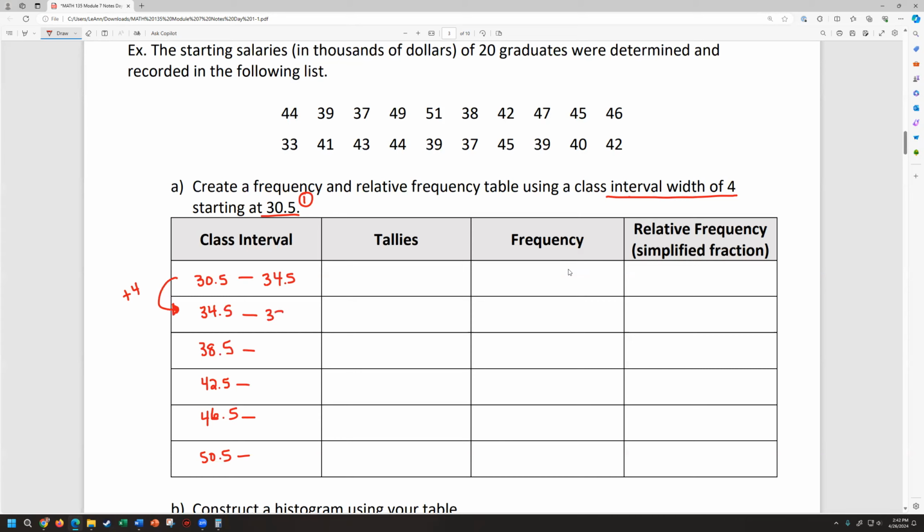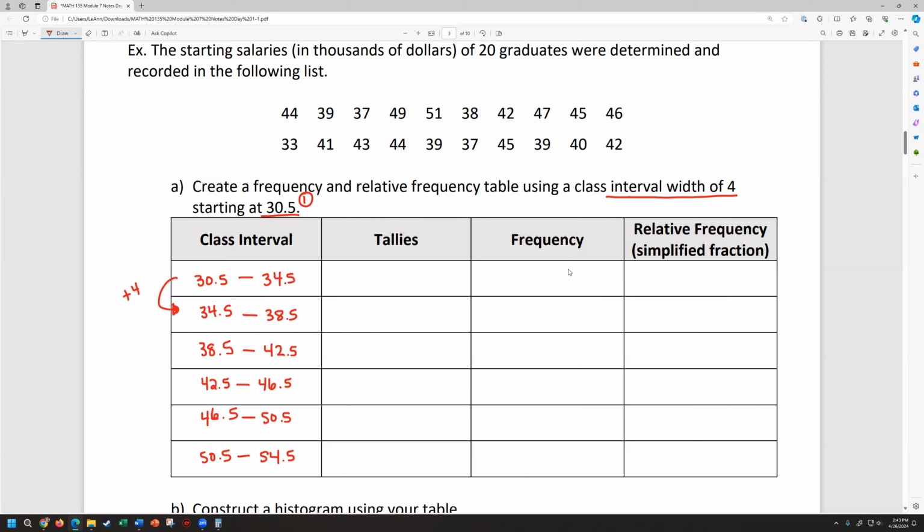So the beginning of each interval is the end of the previous interval. Now, that is done sometimes slightly different in statistics classes. It just depends on how they define the parameters of the problem. But for us, this is how we'll do it. And then this is 50.5. Now, notice these are all increasing by 4 as well. So for this last class width, you want to add 4, just like we added 4 to all the other parts. Okay.